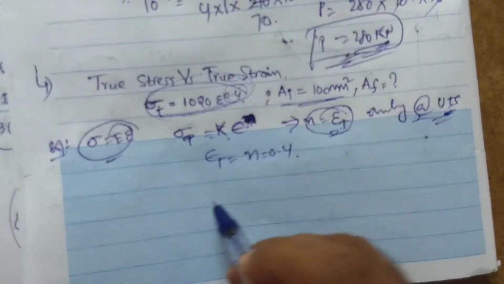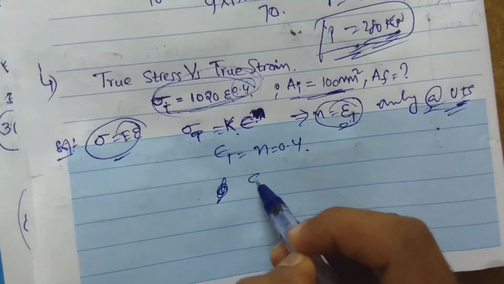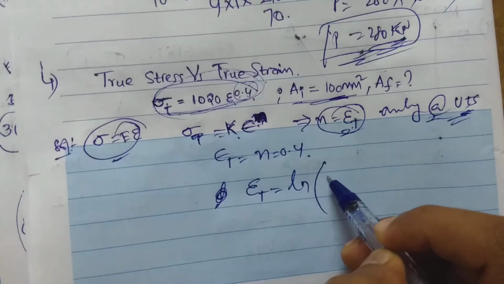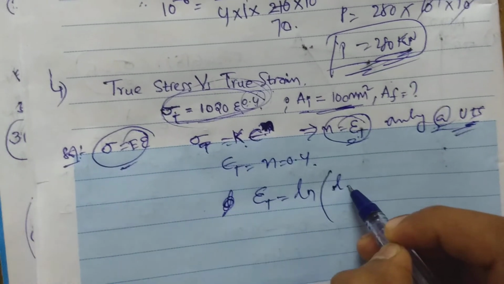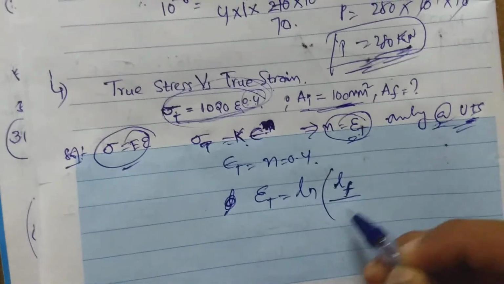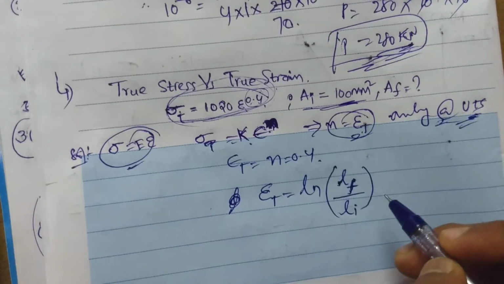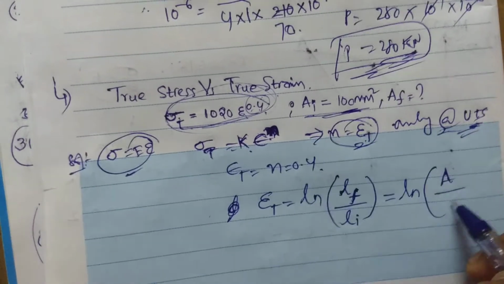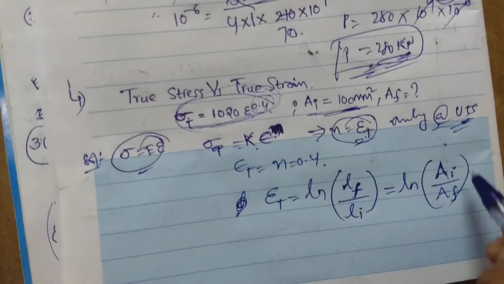We know that the true strain formula is ln of final dimensions by initial dimensions, length, or ln of the reverse, area initial by area final.